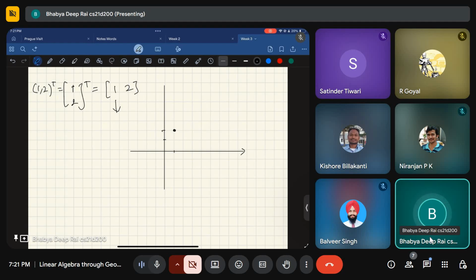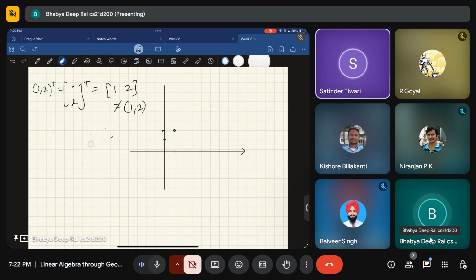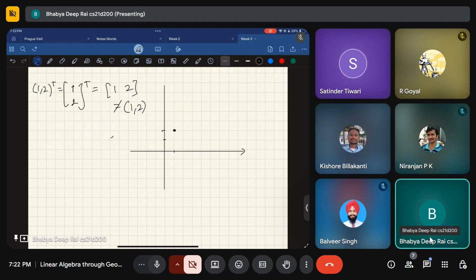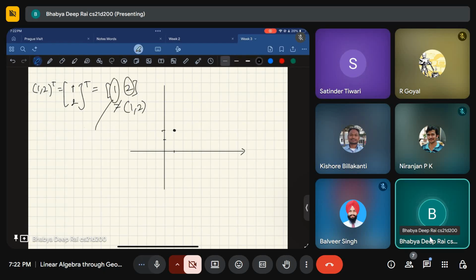So what this represents is two vectors which are one dimensional. Just like a matrix 1 2 3 4 represented two dimensional vectors, right?